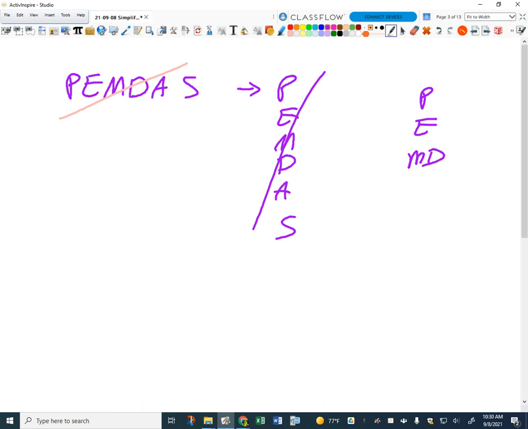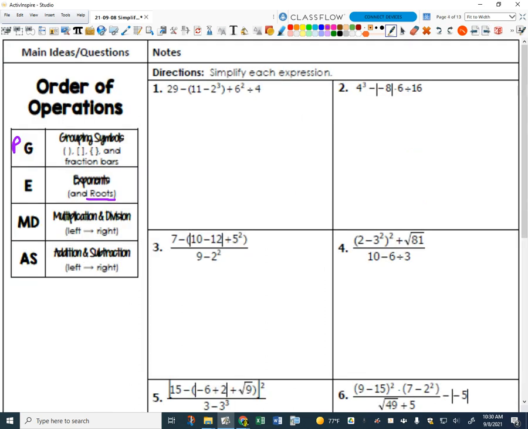Really what we do is we just go from left to right, and we take care of all the exponents from left to right. Then we do all the multiplication or division from left to right, whichever comes first. And it might be division before multiplication sometimes, right? And then the A and the S have to go together on the same level also. Okay, so we write it like this with the M and the D together, okay?